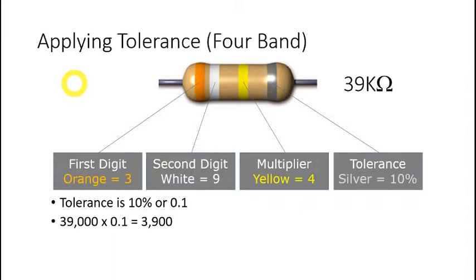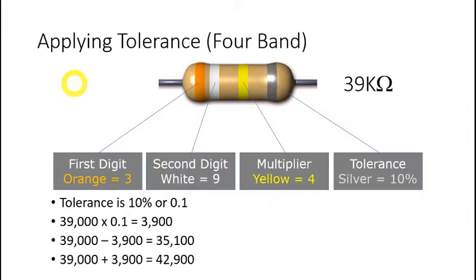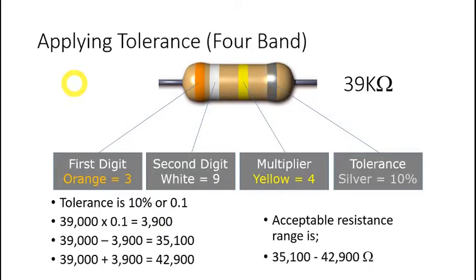That is the value, either plus or minus, that I can be off my nominal value to be able to have a good resistor here. So if I subtract my 3,900 from my 39,000, I get 35,100. And if I add it to my 39,000, I get 42,900. So the acceptable range for this particular resistor, because it's a 10% tolerance resistor, is going to be from 35,100 ohms to 42,900 ohms.